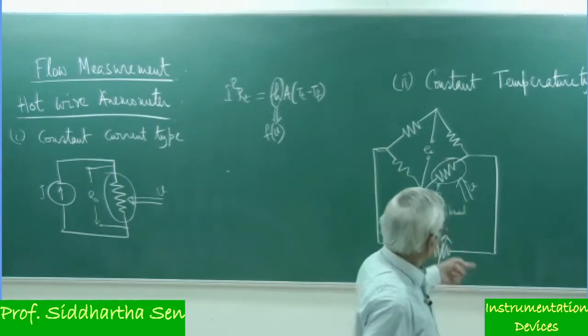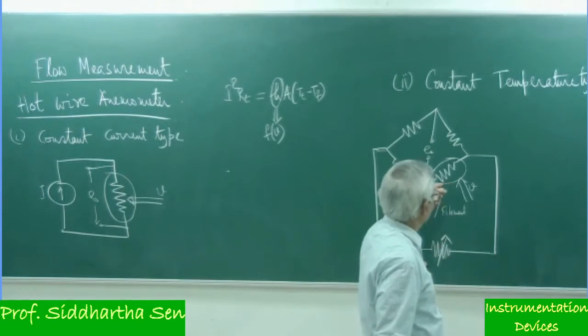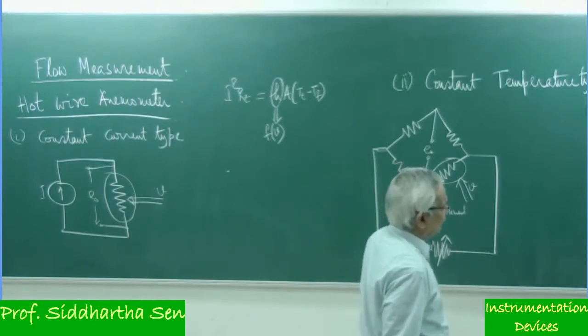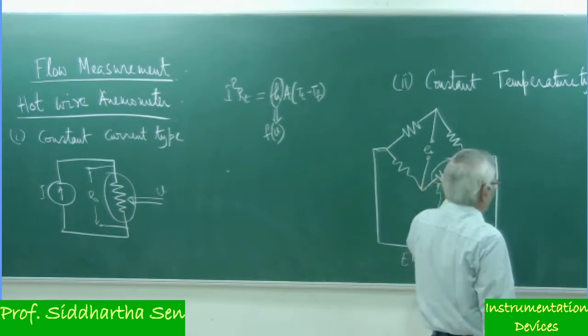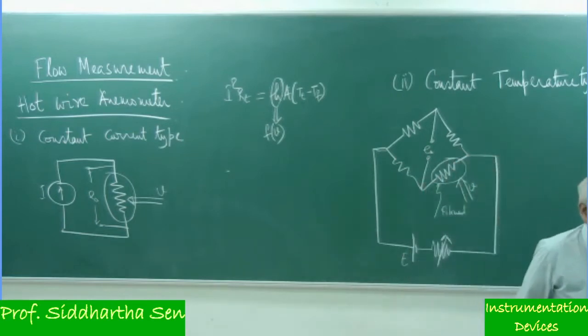But this being a tungsten filament, with a very small resistance, maybe 5 ohm or like this, it is sensitive to the current or the temperature, and its resistance changes with the temperature.